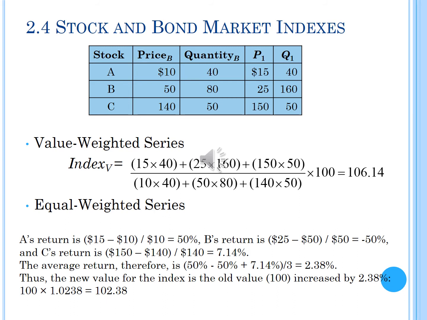We use 1 as the original value, and then we add the percentage change. That would give us 100 multiplied by 1.0238, and the new equally weighted index value is 102.38 points.